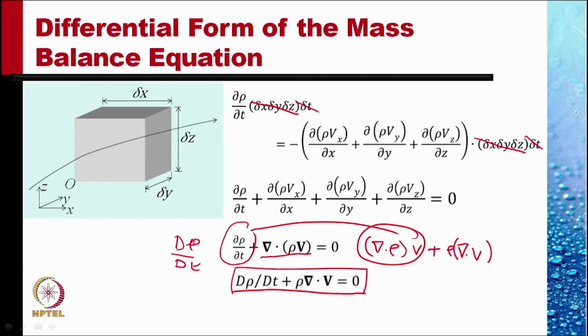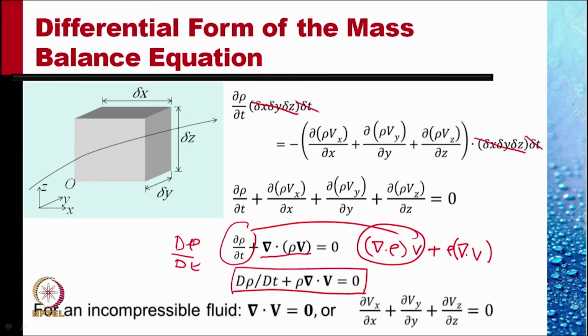Clearly, if the fluid is incompressible, d rho by dt, the material rate of change of density, should be 0. And then we get a simple expression, del dot V is equal to 0, or del Vx by del x plus del Vy by del y plus del Vz by del z is equal to 0.